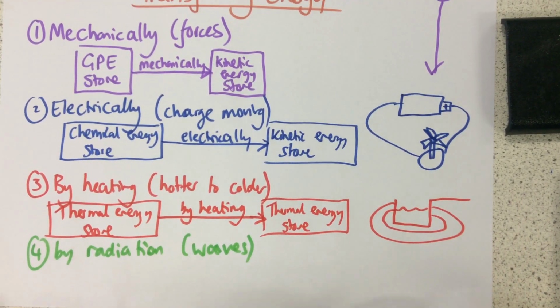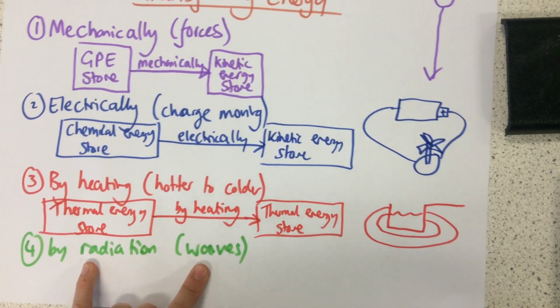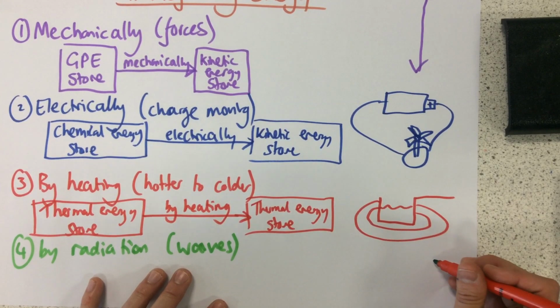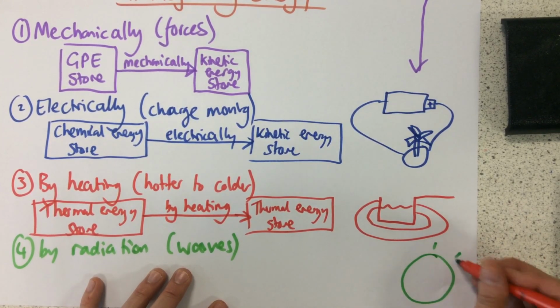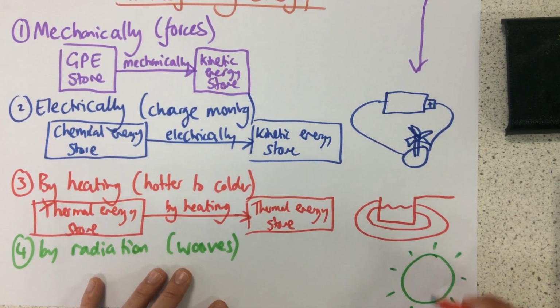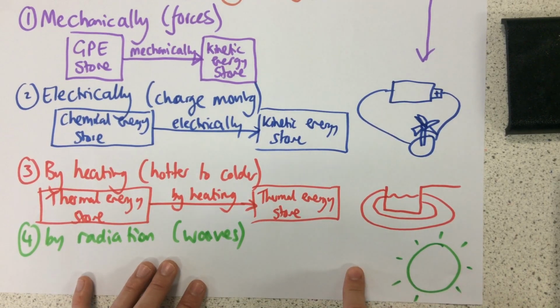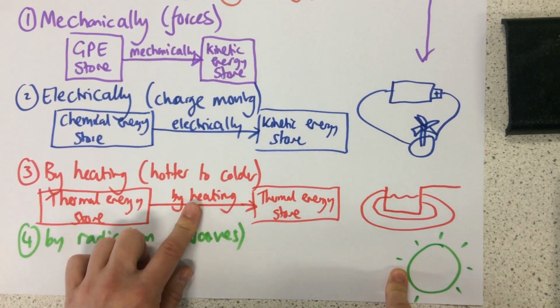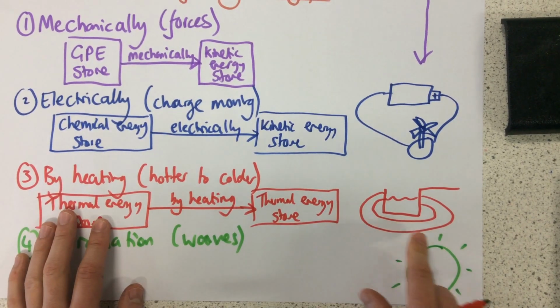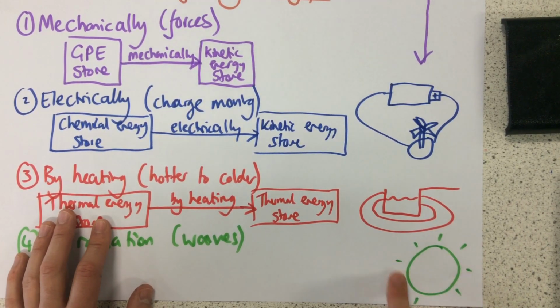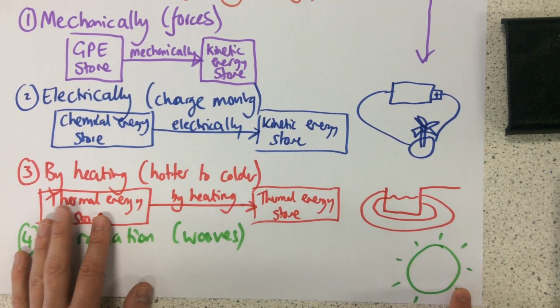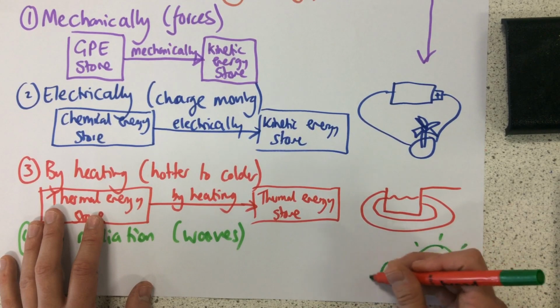So finally, the last type of transferring energy is by radiation. So a nice example of this is how the sun heats up the air, or heats us up on Earth. Now, this isn't by heating, because in order for the thermal energy from the sun to get to the earth, it travels in waves.